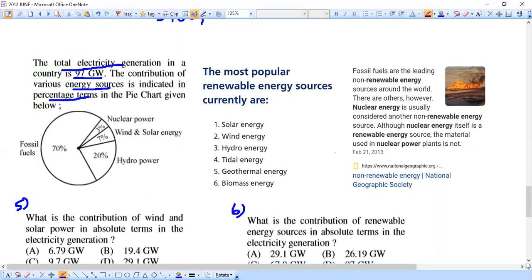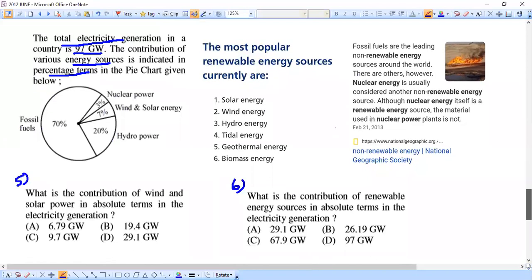And we have the total electricity generation also. Totally, 97 gigawatts of electricity is generated, and the breakup is given for nuclear, wind and solar, hydropower and fossil. So everything is given to us.